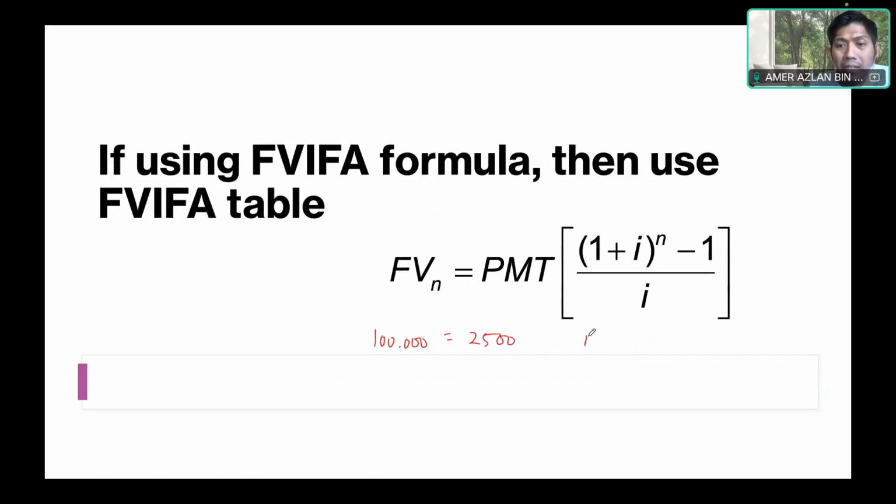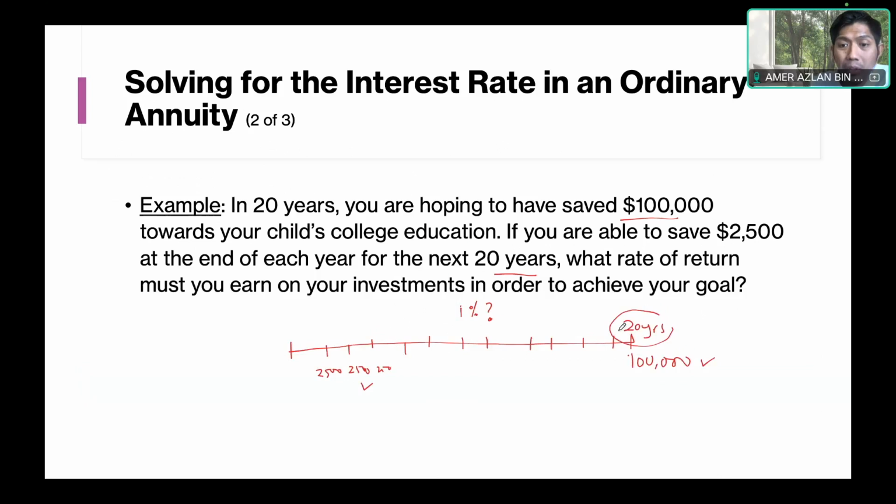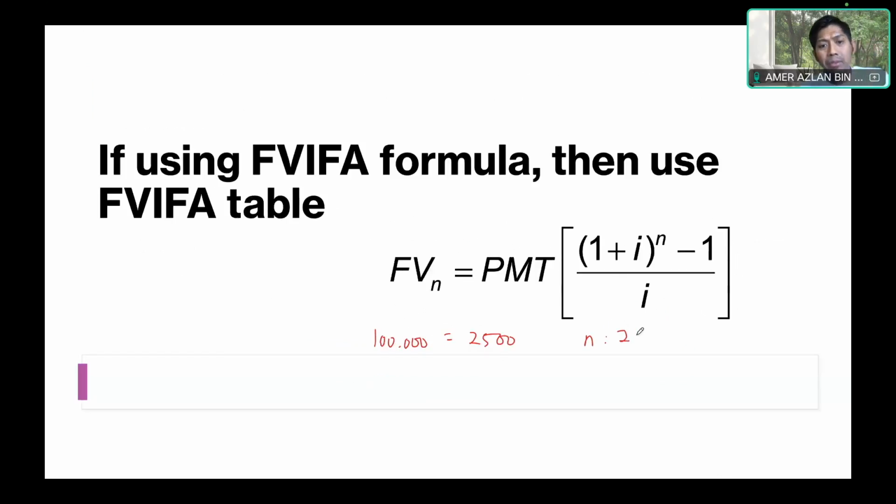And we have the number of years, which is 20. So simply divide 100,000 by 2,500. You'll get 40. So we have 40 and we have N equals 20.